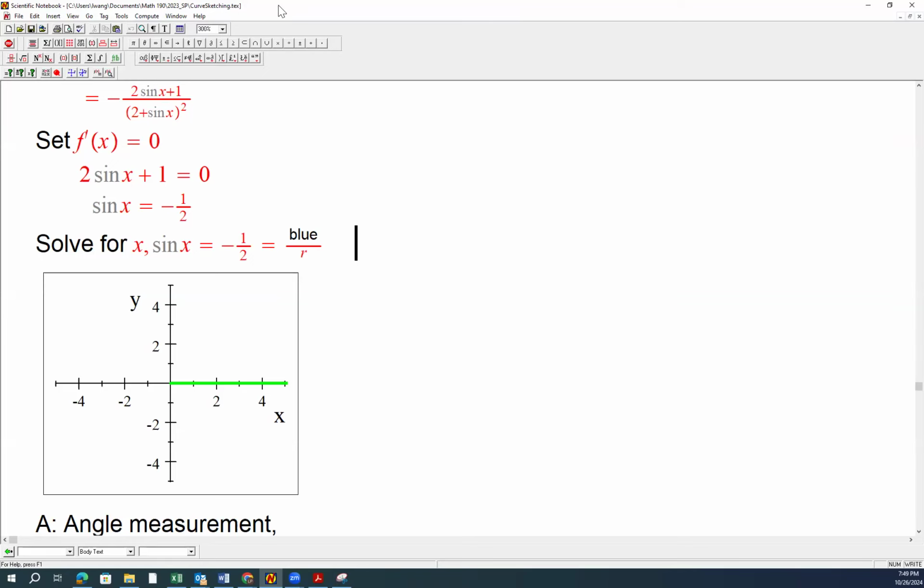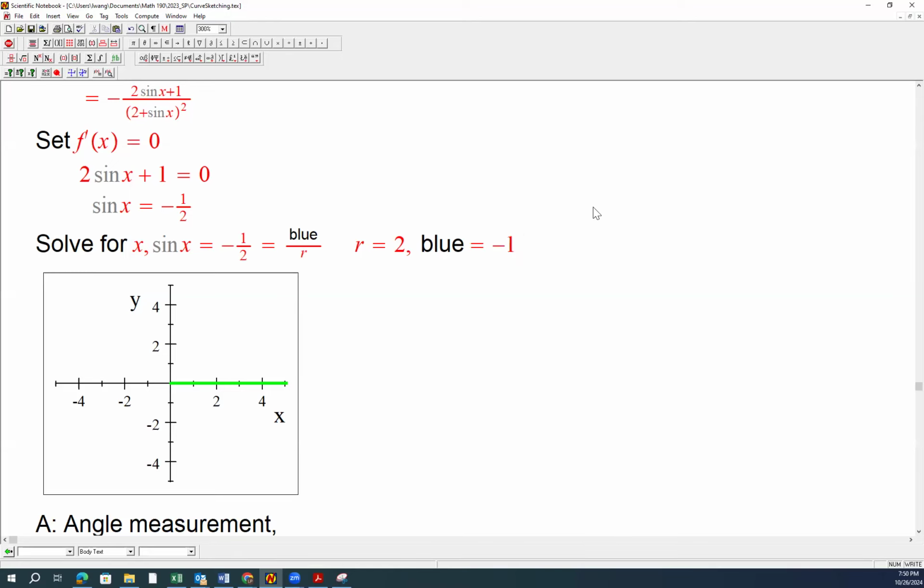So in our case, R is 2. And if R is 2, what is blue? Blue has to be -1.